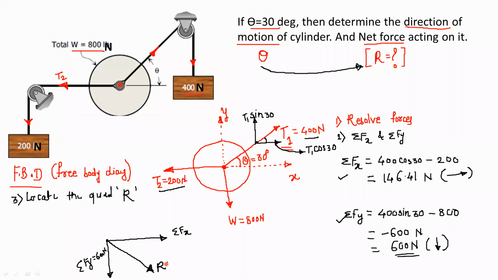So this is your R. Now we have to find out the R, we forgot that step. So find out the R value. Use the formula: square root of summation Fx square plus summation Fy square.